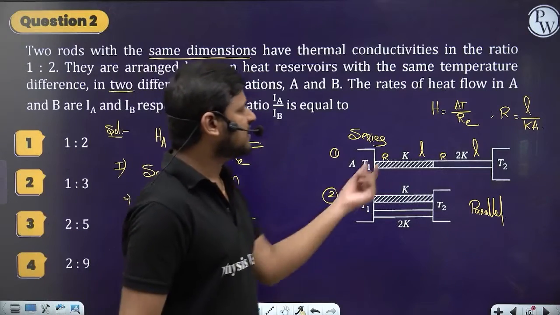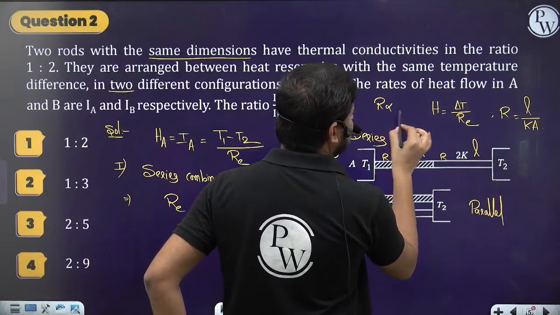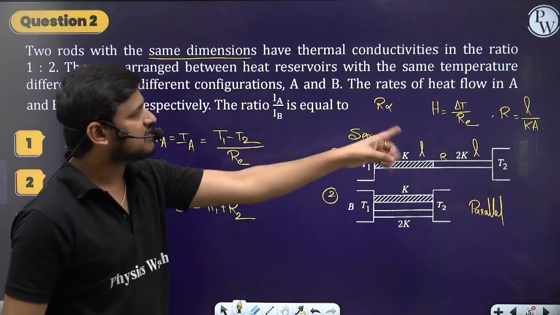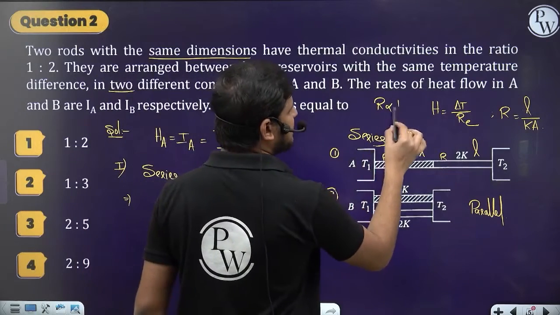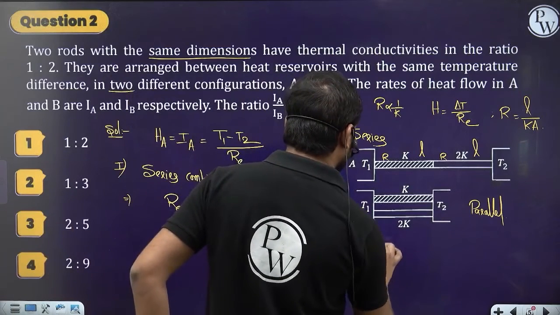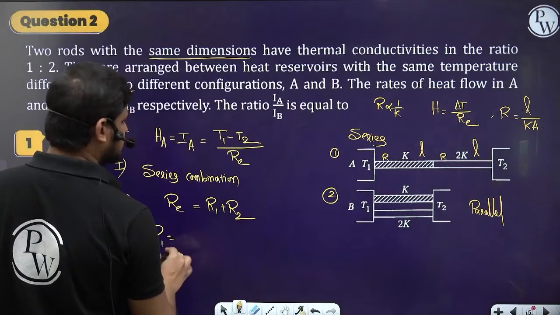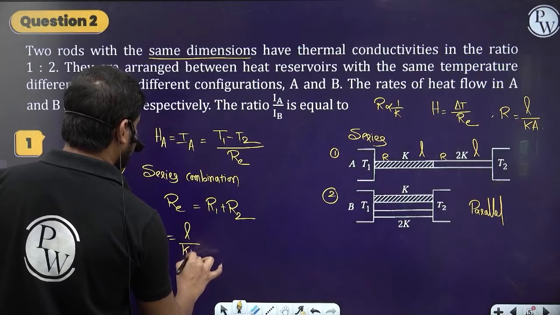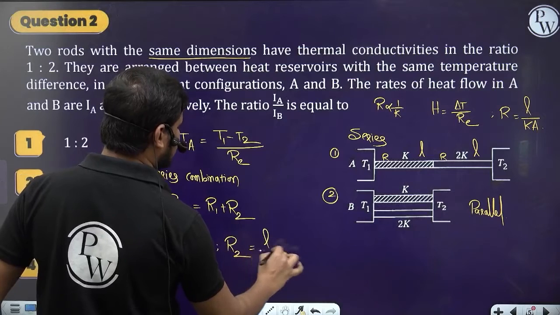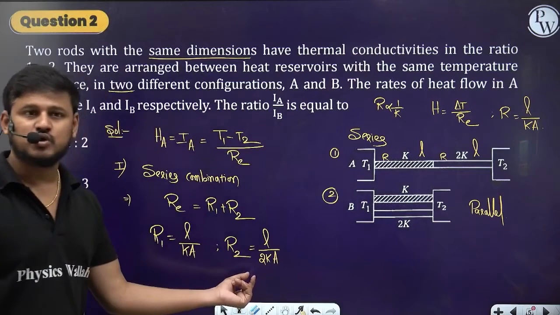Since length and area are the same but thermal conductivity is different, R is inversely proportional to K. Let's understand this carefully. R1 is equal to L by Ka, the first one, and the second resistance R2 is equal to L by 2K into A.